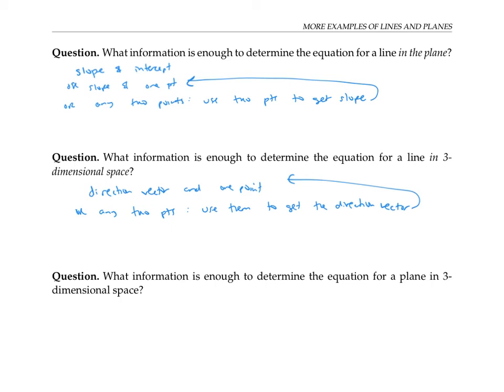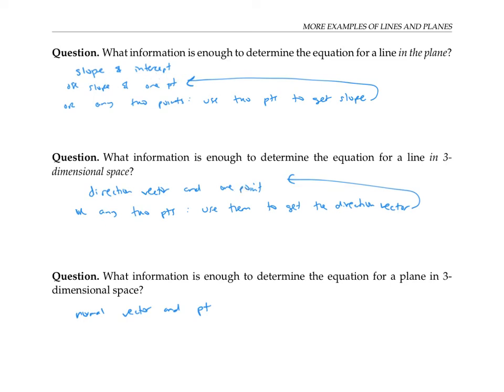What about the equation of a plane in 3-dimensional space? Well, for the plane, we need the normal vector and a point. Kind of similar to how we need a direction vector and a point for a line in space or in the plane.